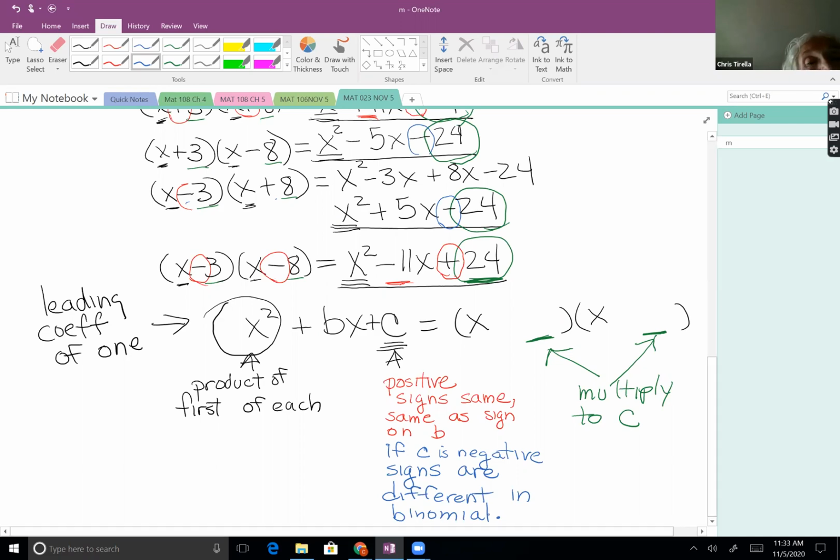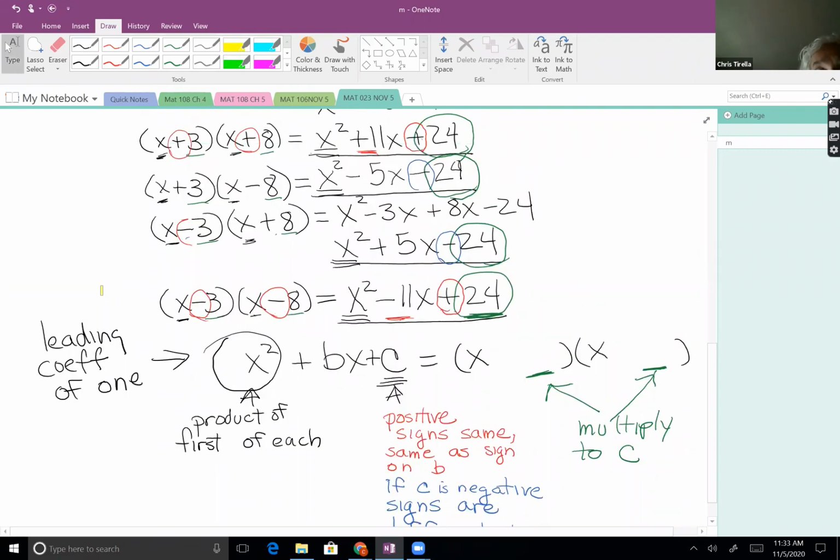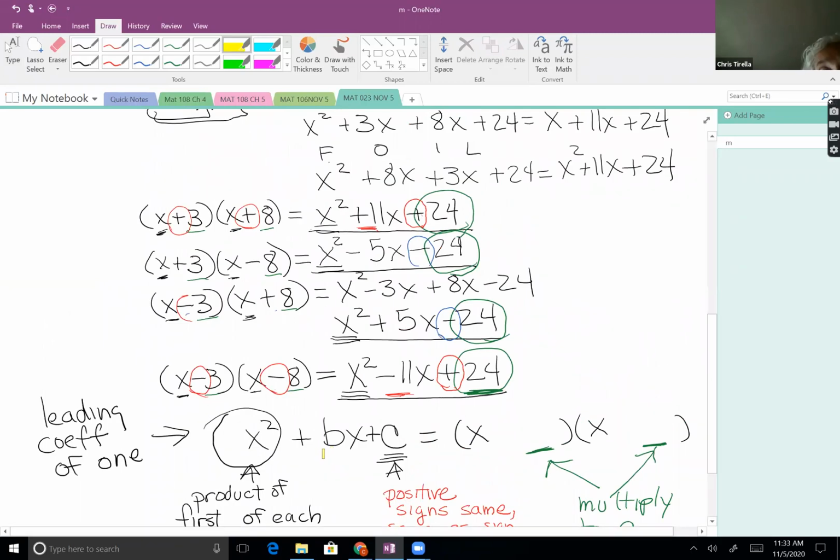And then lastly, I want to look at that middle term. Guess I'll do that in yellow. If I look at those middle terms, if I look at b, this was -11. This was +5. This was -5. This was +11.